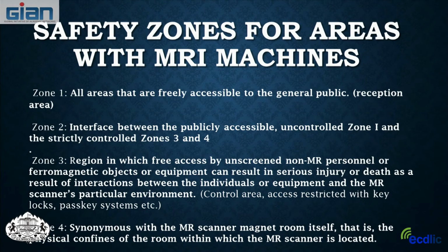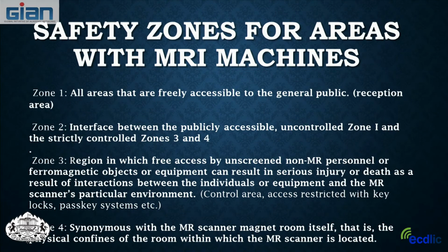Zone 2 is the interface between publicly accessible areas and zones 3 and 4, which are the more controlled areas. So this might be, for example, a nurse's station that a person passes through to get screened before they go into zones 3 and 4.